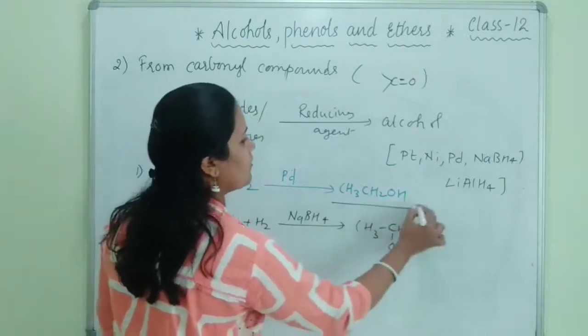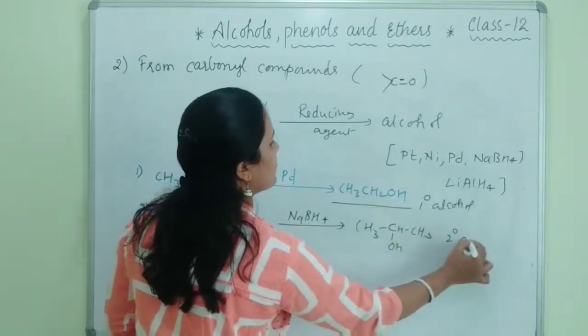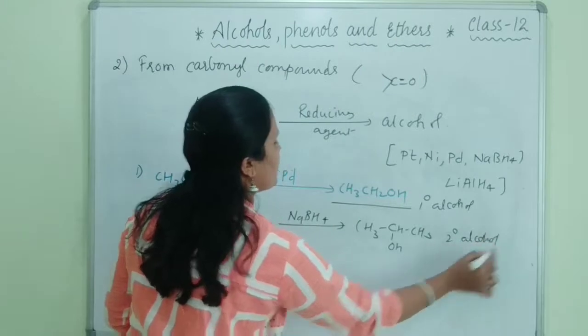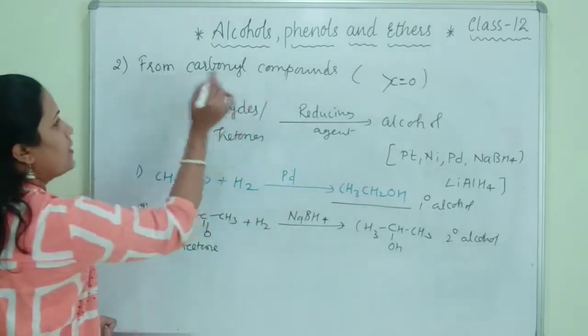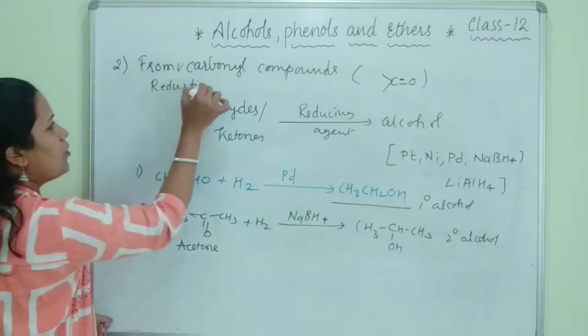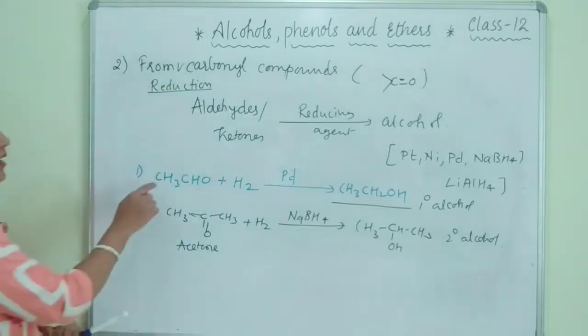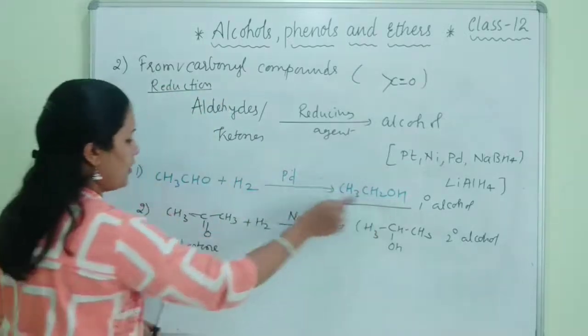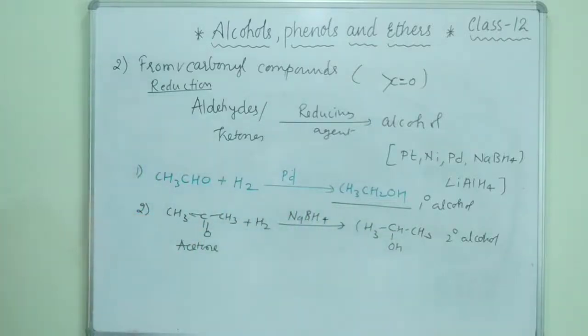So here we can observe that one is a primary alcohol and the other is a secondary alcohol. It means that specifically, by the reduction of carbonyl compounds, aldehydes yield primary alcohol and acetone yields secondary alcohol.